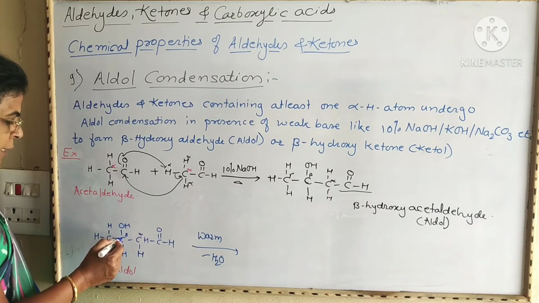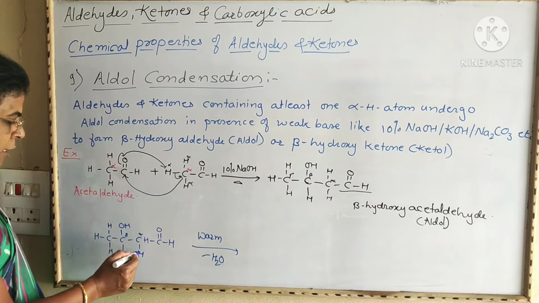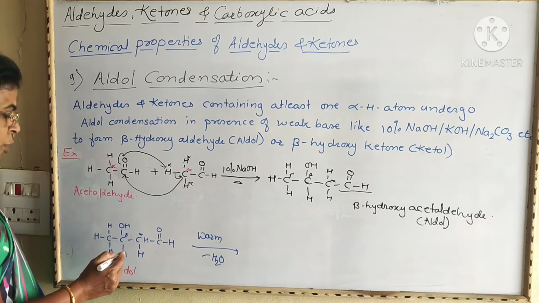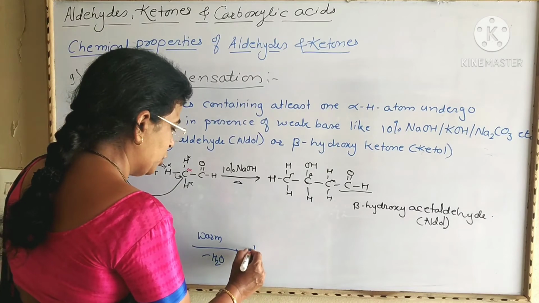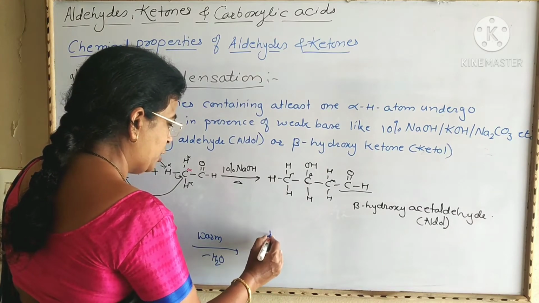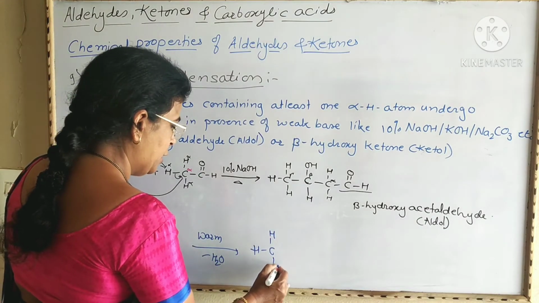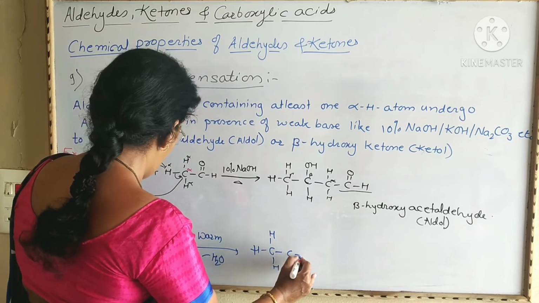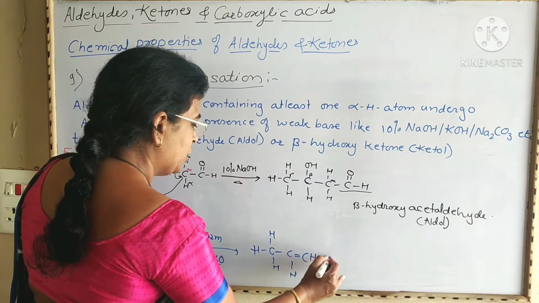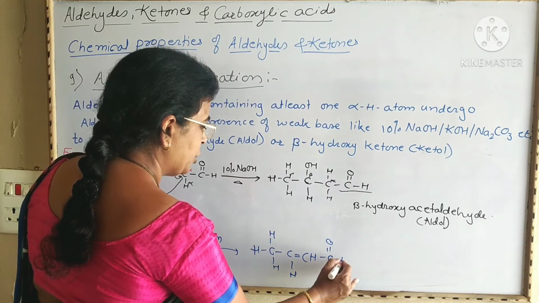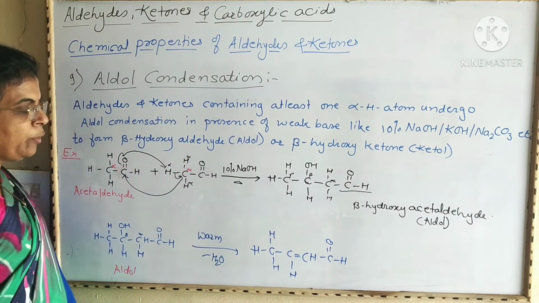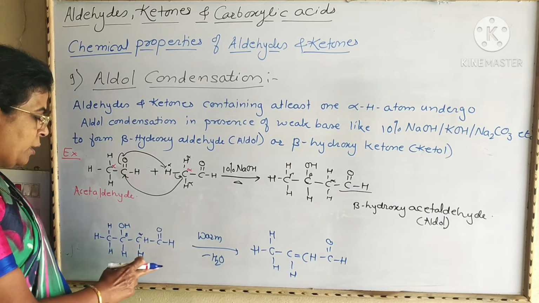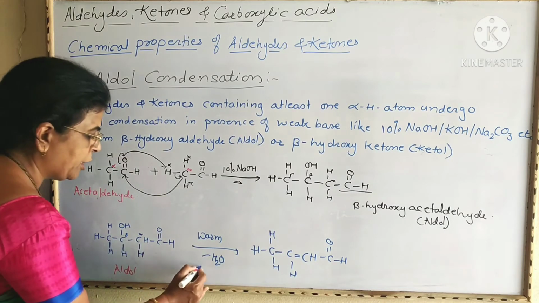The OH group from the beta carbon atom and a hydrogen atom from the alpha carbon atom are removed to form CH3 CH double bond CH C double bond OH. Now here an unsaturated aldol is formed. Here alpha beta elimination takes place.